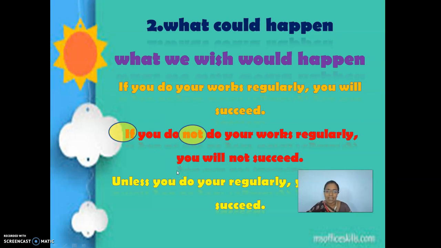How can it be written in another way? Unless you do your work regularly, you will not succeed. Am I clear, children? Are you taking down all these things? If you want to pause the video, just pause the video and take down things. I'll wait for you.